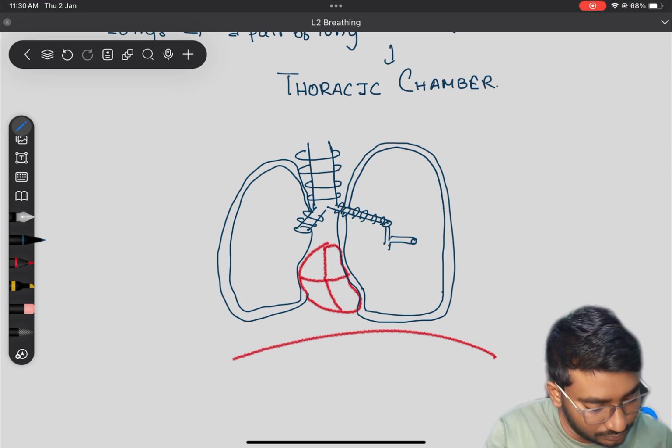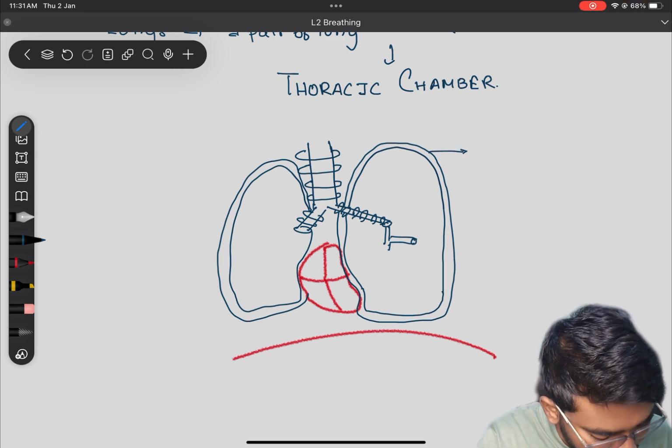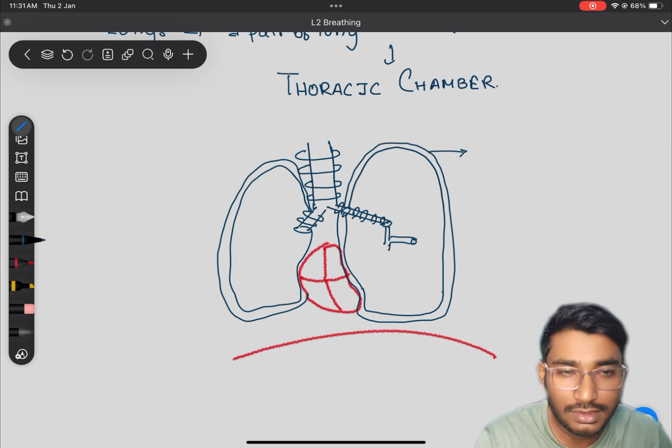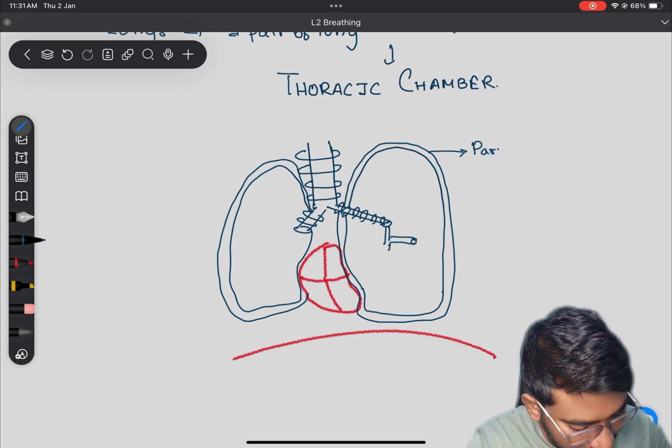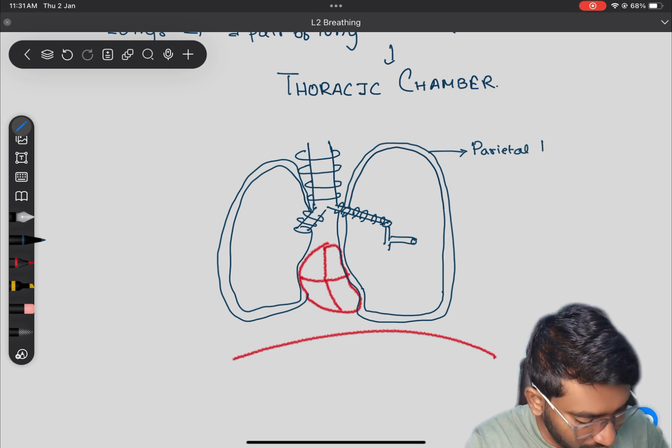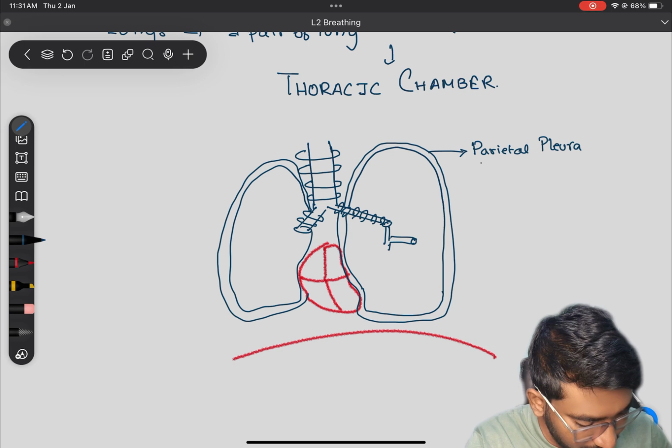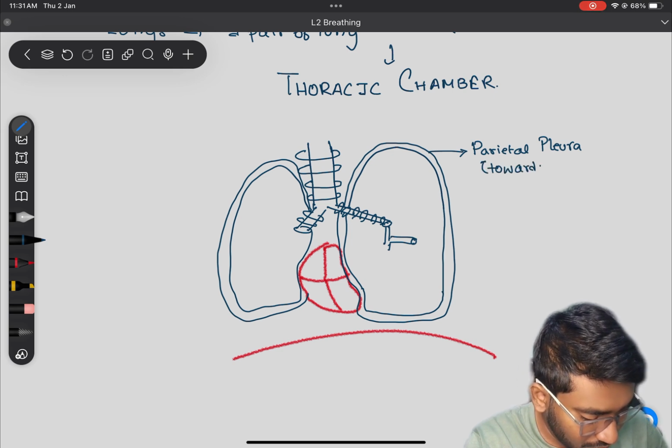This is called the parietal pleura. The external pleura is called the parietal pleura, towards the thoracic linings.